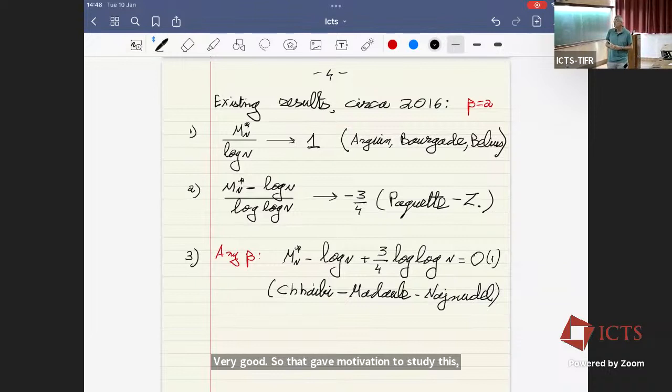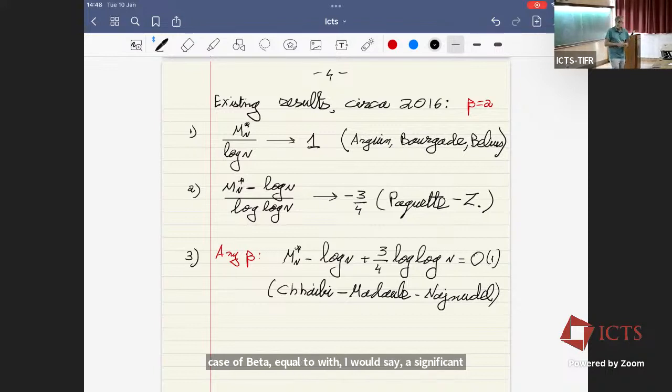And a few years ago, there was the first attempt to deal with that maximum, and there were a couple of papers that did that for the case of beta equal 2 with, I would say, a significant effort.